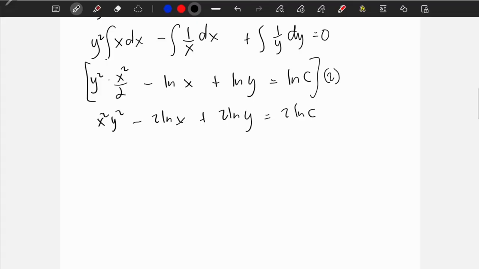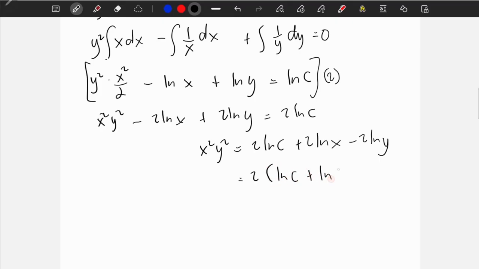Then we add like terms. So we have to transpose negative 2 ln x plus 2 ln y to the right side. So we get x squared y squared equals 2 ln c plus 2 ln x minus 2 ln y. We factor out 2. So we have 2 times ln c plus ln x minus ln y.